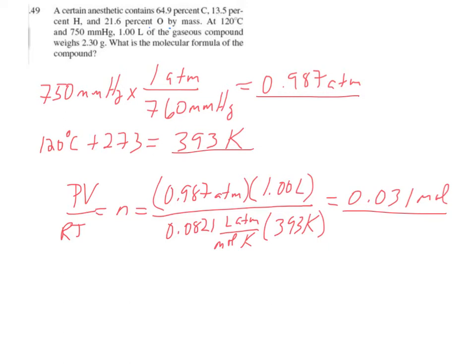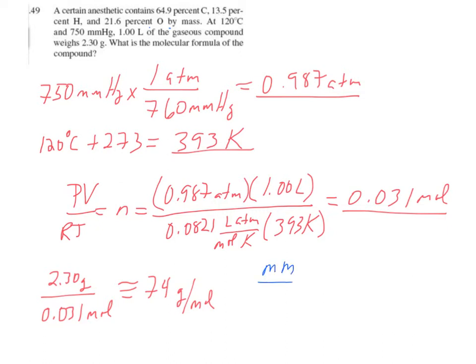Now, to find the molar mass of the gas, I'm going to take the 2.30 grams divided by the number of moles, 0.031 moles, and that gives us around 74 grams per mole. So to find the molecular formula, we need to take this molar mass divided by the empirical formula mass.